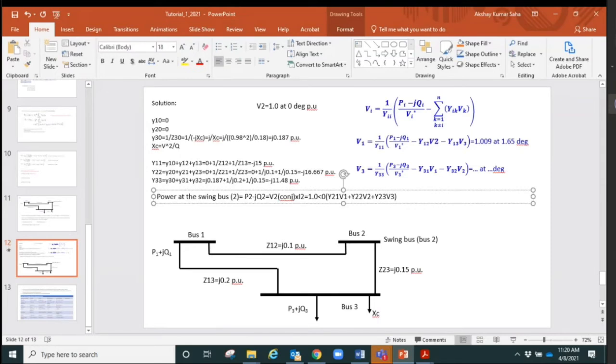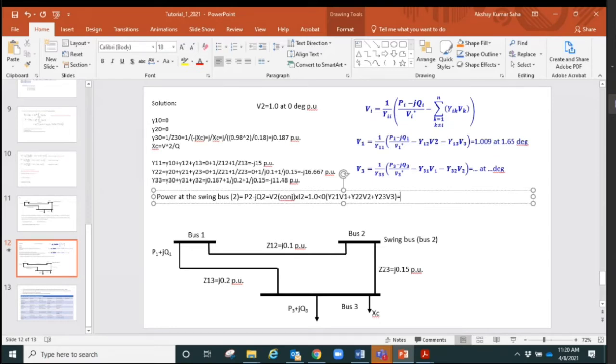We can start with Y21. So if we put all those values, we will get the answer, and I will wait for you.